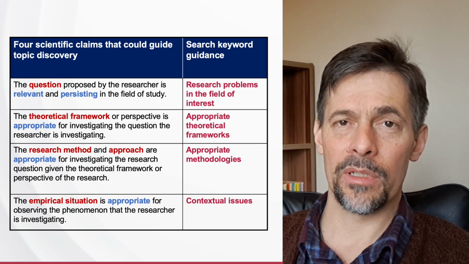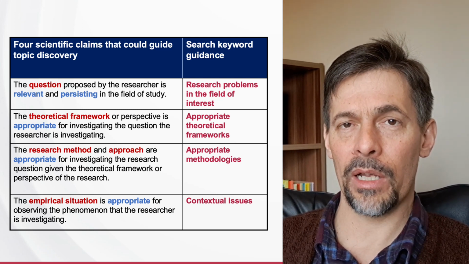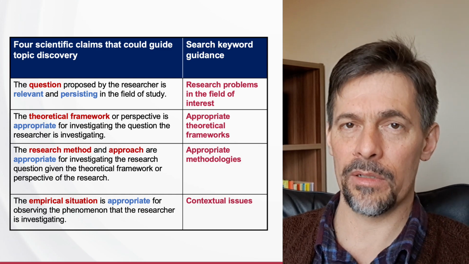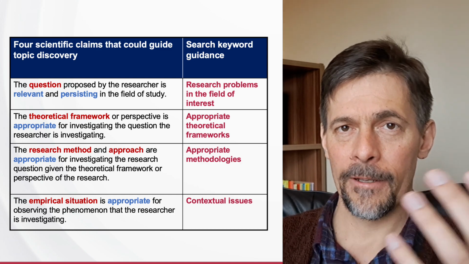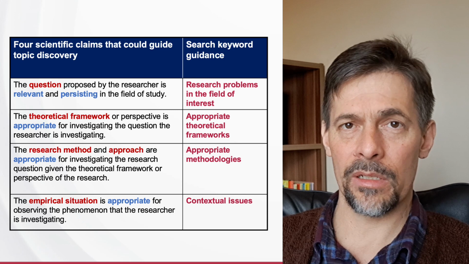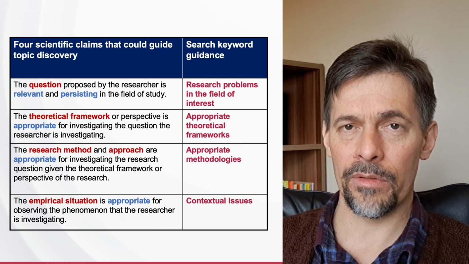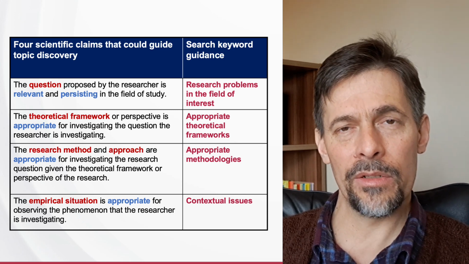Now that is very important, because as you write your introduction or as you write a proposal, you need to be able to present all the different positions of the authors that you are reading, specifically related to research problems.